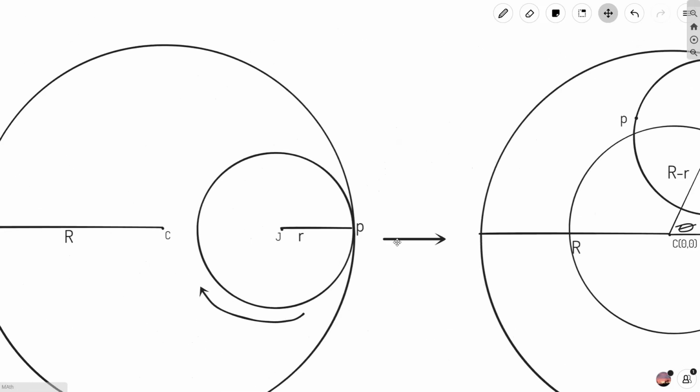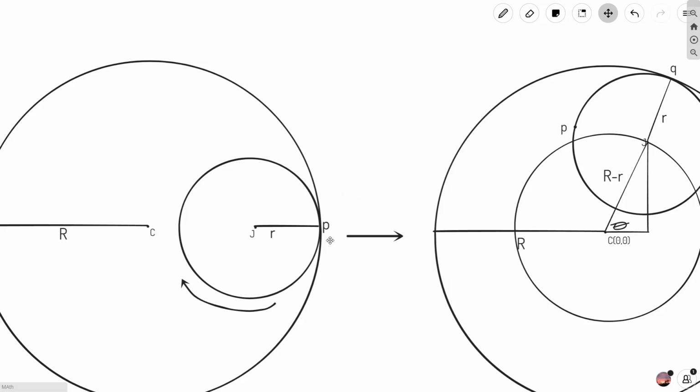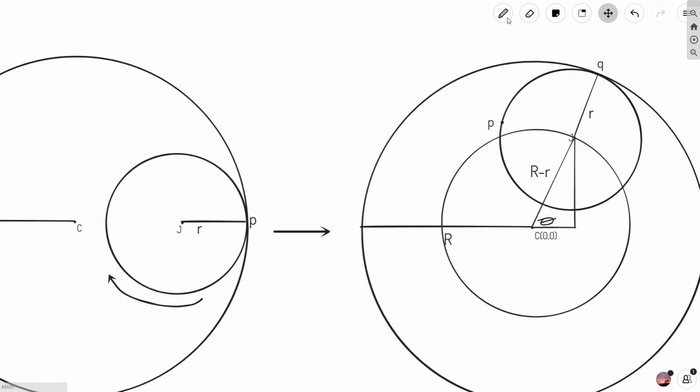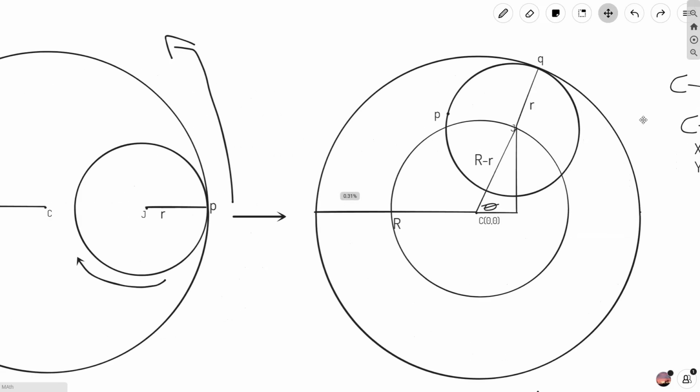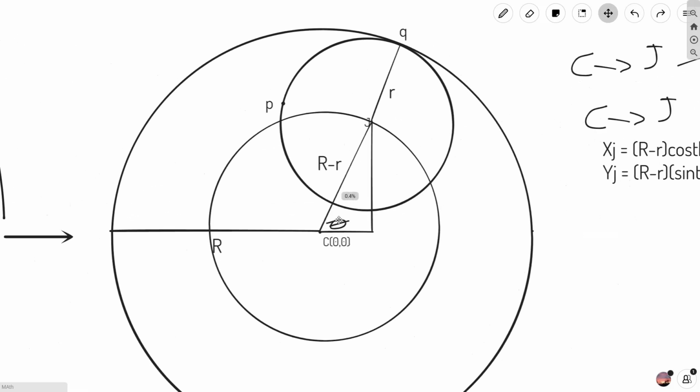Let's say in our movement, after the rolling was finished from here to here, J rotated an angle of theta. So as the small circle settled around at this point, it rotated an angle of theta, and we've represented that here.